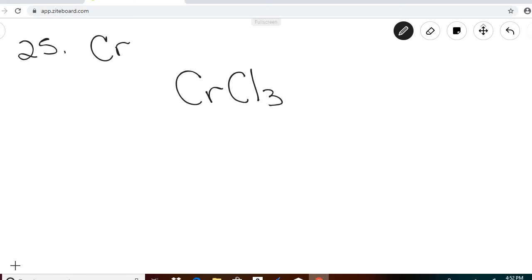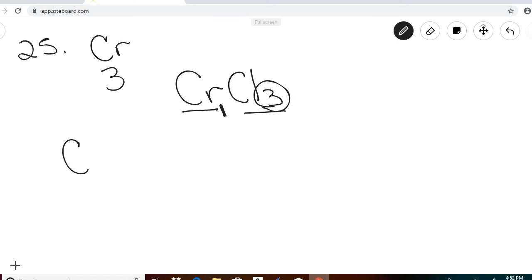Okay, number 25 is for chromium, which is abbreviated Cr, and it says that it can take on more than one charge in an ionic compound. What is the name of CrCl3? This is chromium and this is chlorine. Because we switched the charges, we know that this 3 is the charge that would be on the chromium, and this 1 would be on the chlorine.